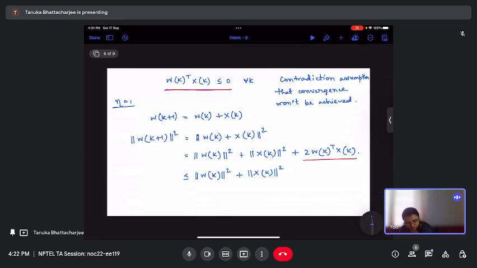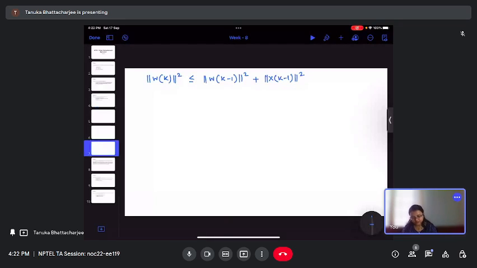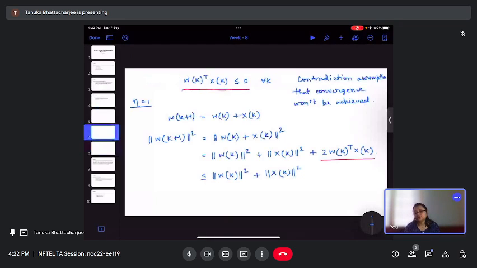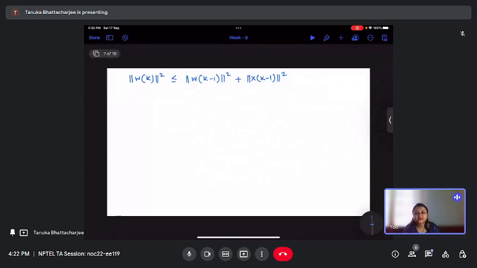what you will get is norm of wk square will be less than or equal to norm of wk minus 1 square plus xk minus 1 norm square. Right? Now, you can similarly expand wk minus 1 norm square.